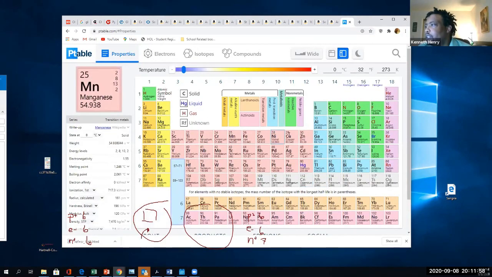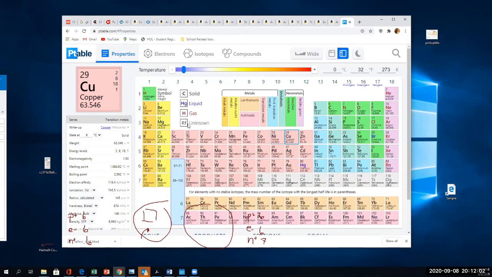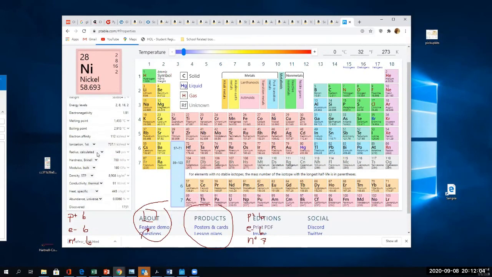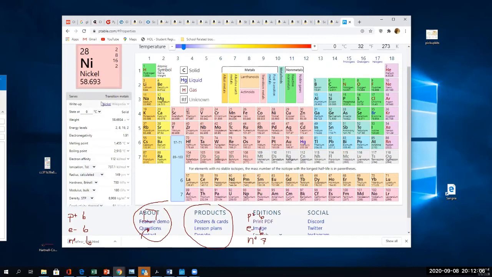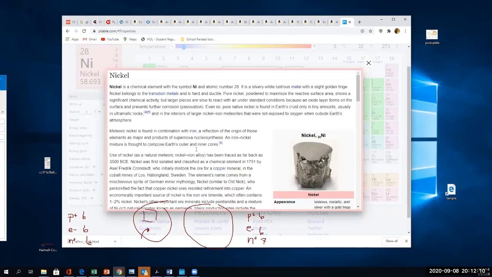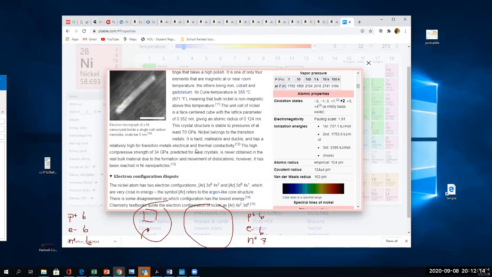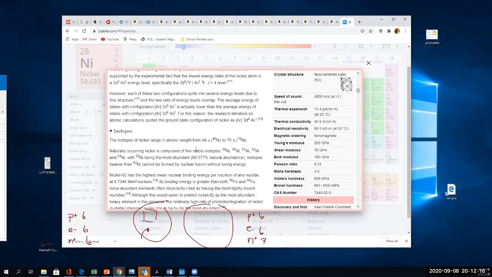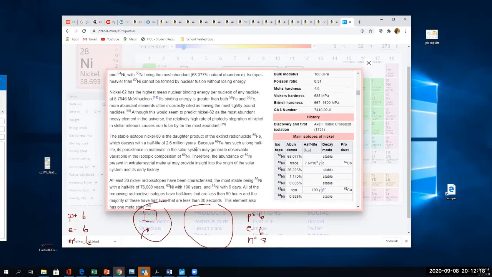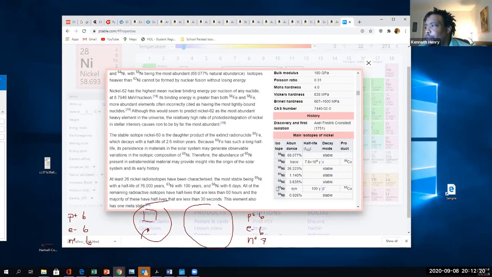I'm going to go to copper. Oh, that's nickel. Well, that'll work. So these are all the different isotopes of nickel.